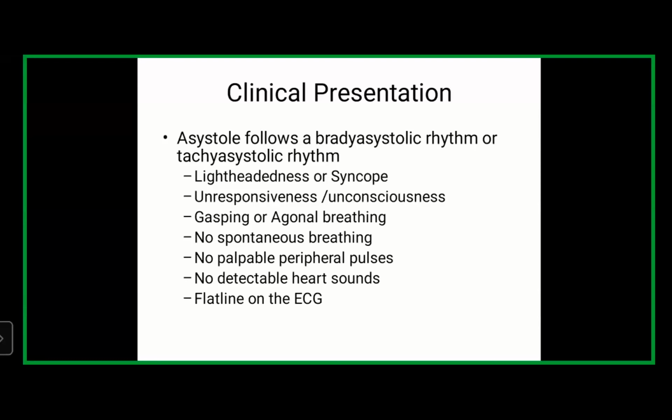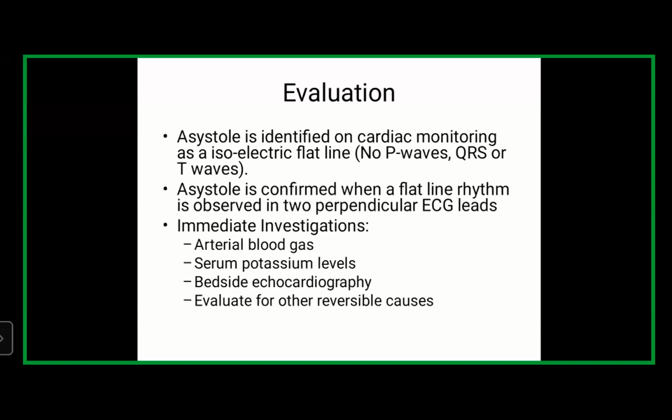And then on the ECG, particularly on two perpendicular leads, we'll find a flat line on the ECG screen. Asystole is usually evaluated on cardiac monitoring as an isoelectric flat line. There's no P wave, there's no QRS complex, there's no T wave.